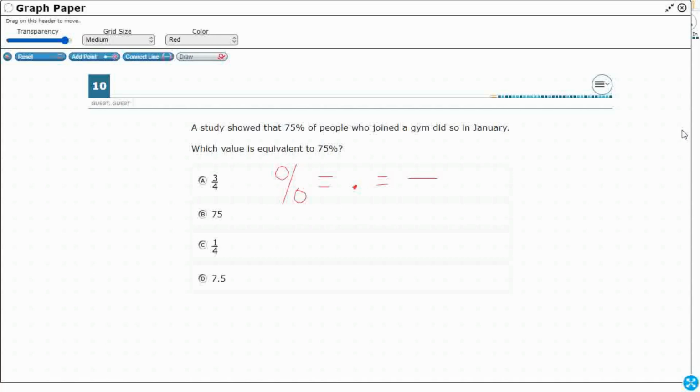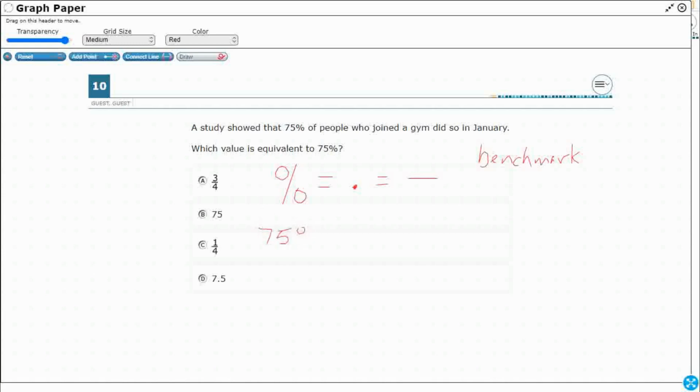Eventually we will memorize some benchmark fractions so we don't have to keep doing these conversions. 75% is one of those, but if you don't automatically know that, let me show you the slow way of figuring this out. So 75%.